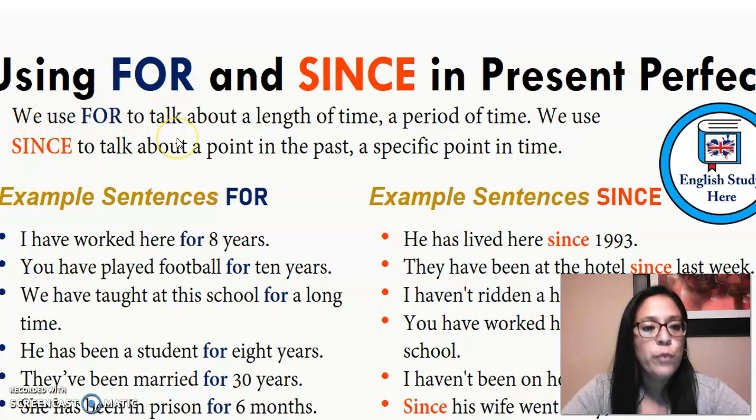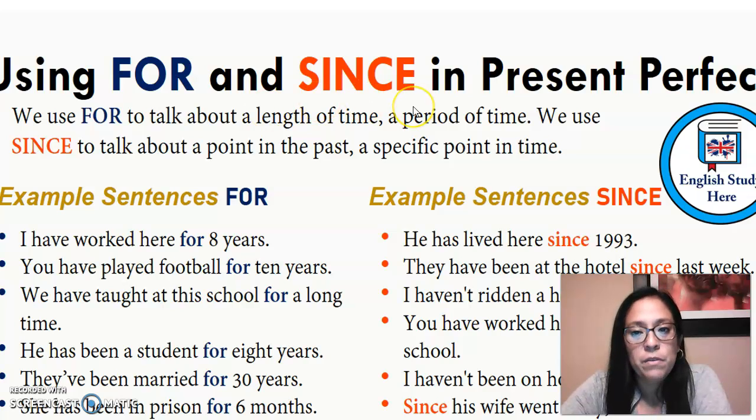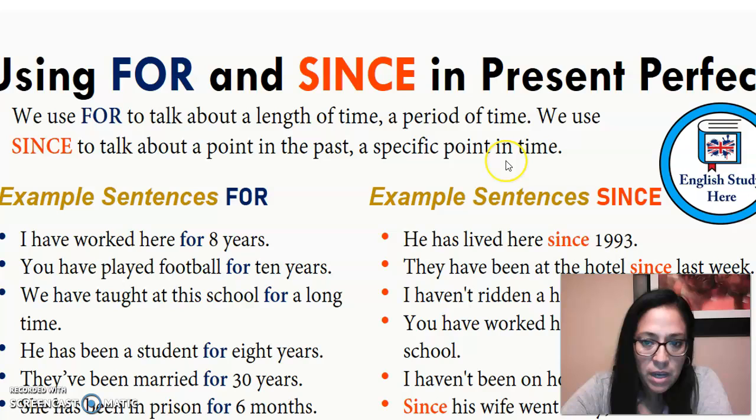We have to use for when we talk about a length of time, a period of time, but we use since to talk about a point in the past, a specific point in time. But in both cases, it means that the action started in the past and it continues until now.